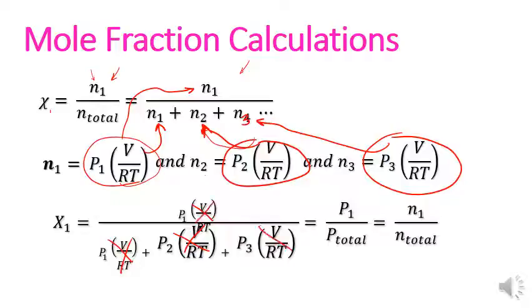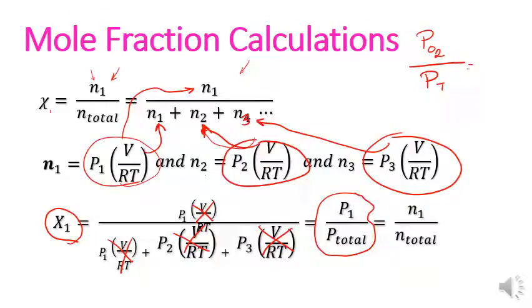If that's a constant, your mole fraction can be used with pressures. Whoa. So if you have the partial pressure of a tank of oxygen and you divide that by the total pressure in the tank, you can still get your mole fraction.